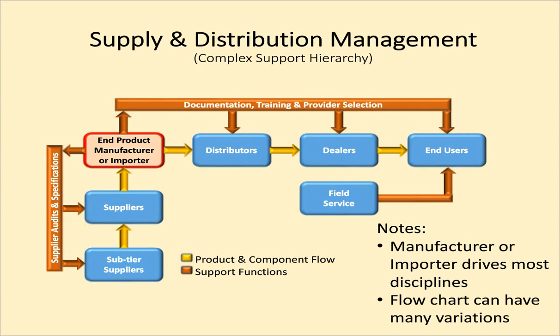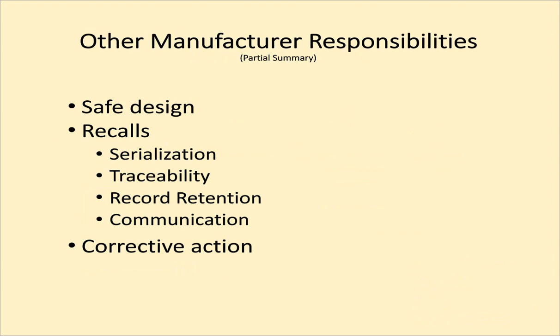And of course, this chart isn't the end-all, be-all. There are a lot of different variations that can exist. So, other manufacturer responsibilities. I talked about design, a safe design created by the engineering design team is very important. Like I said earlier, you can't really correct design deficiencies very easily unless the design has gone back and redesigned.